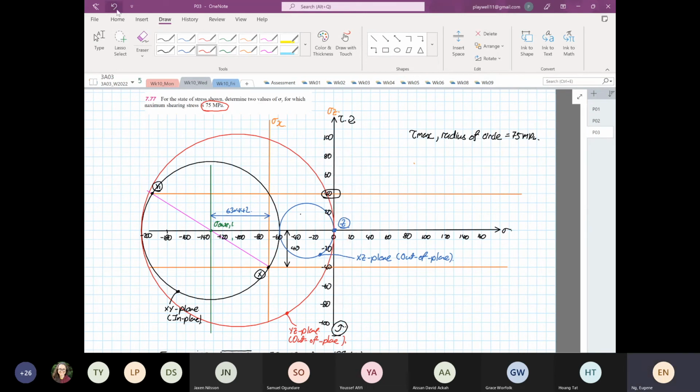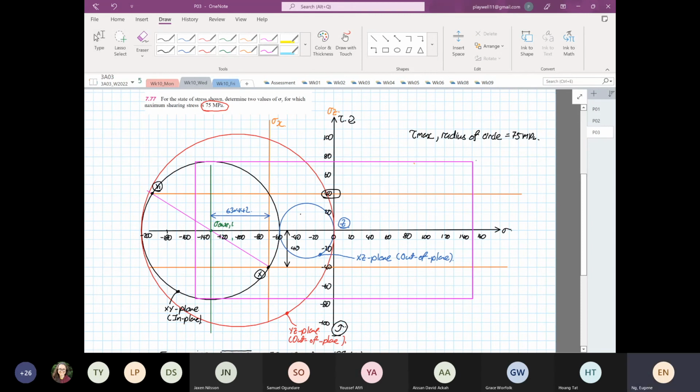This is not a good color. I'm going to use pink color. This is our 75, right? And then I'm going to pull across by 150.